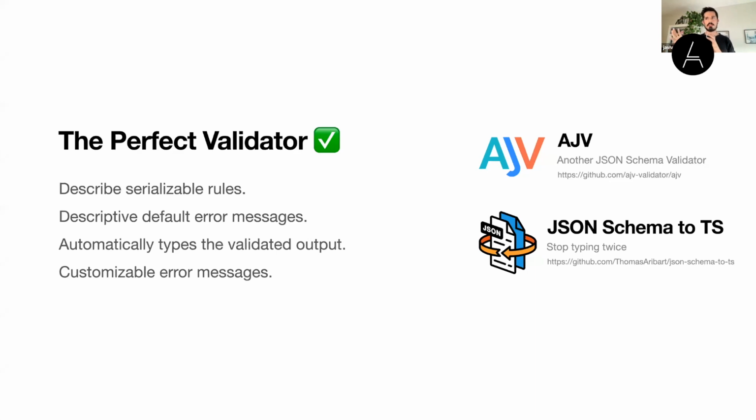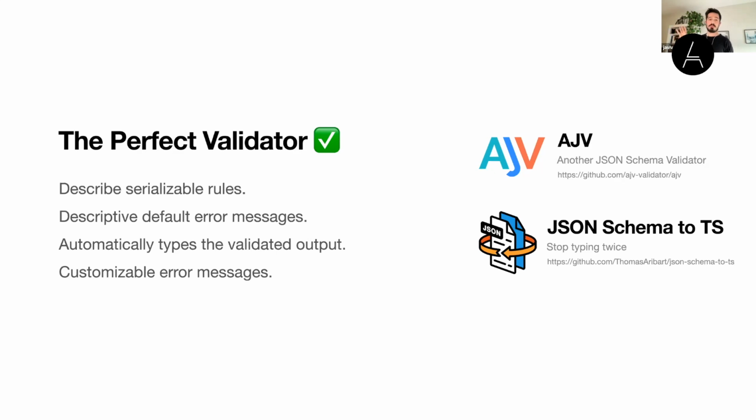So we want to be able to describe rules in a serializable manner. We also want to be able to easily define nice default error messages and type automatically the validated output with TypeScript and make all of those errors customizable.